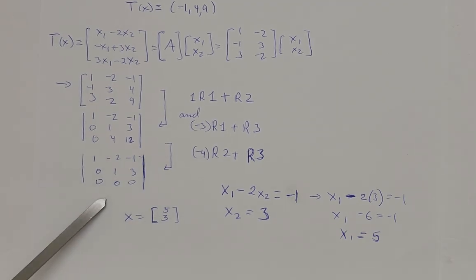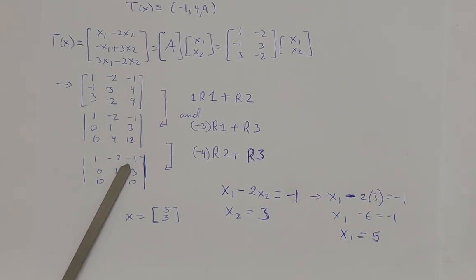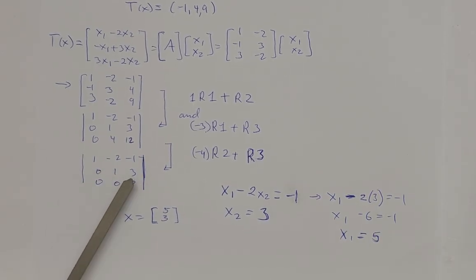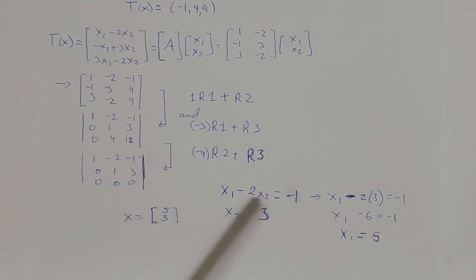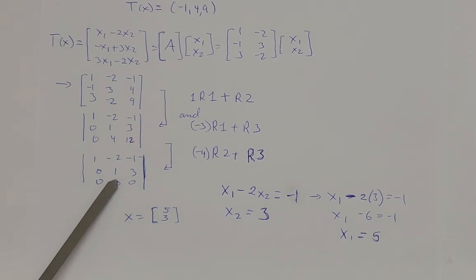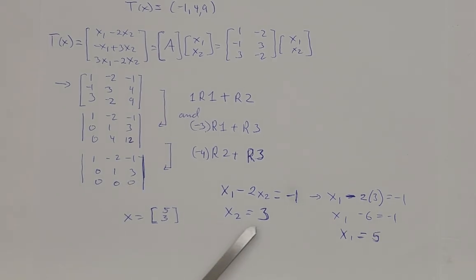No more solving. Okay, so here I have x2 equals 3, which I wrote over here. So x1 minus 2x2 equals -1. Okay, so solve for x1. So x2 is 3.